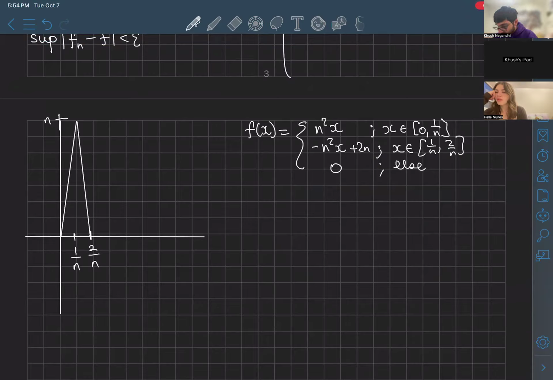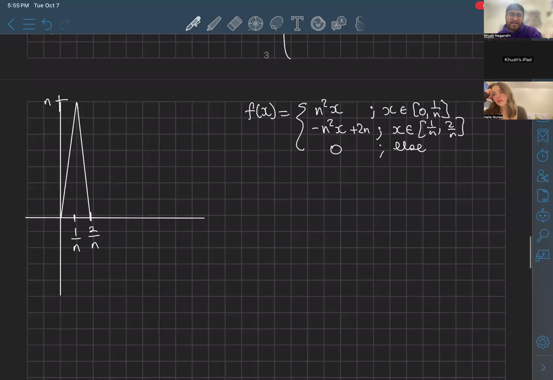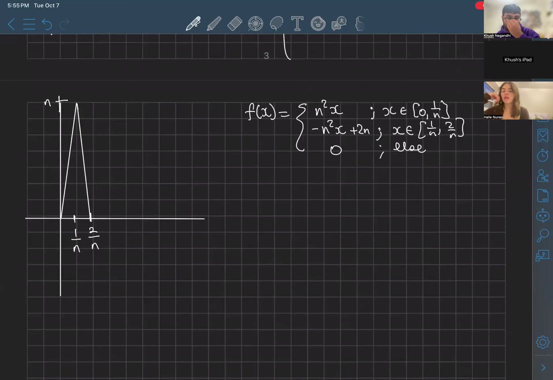Right? Point-wise, it converges to the zero function. However, it doesn't uniformly converge to the zero function because for large n, this spike is arbitrarily far away from the zero function. Okay. I don't know if this limit is Riemann integrable, but we can check this.